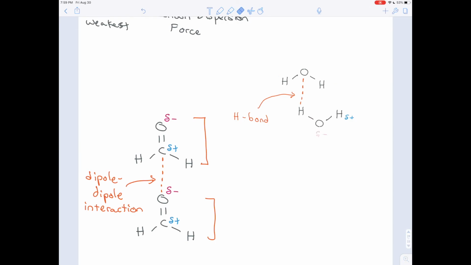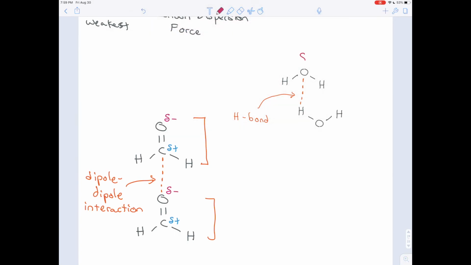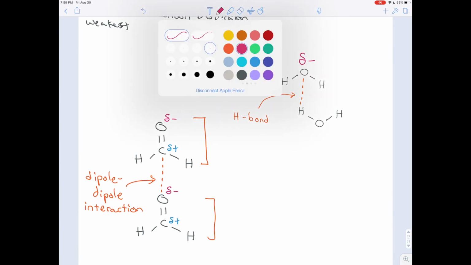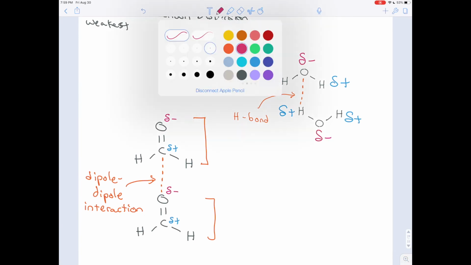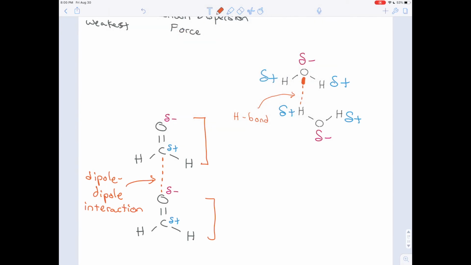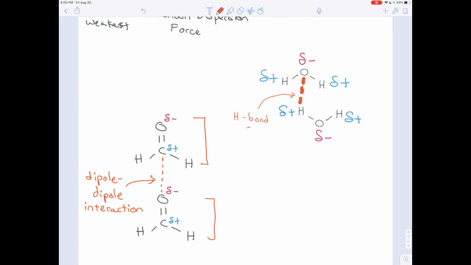They're almost full. So the oxygen is really slightly negative, and the hydrogens are really slightly positive. And so the attraction between these, because the charges are so large, is really big. In other words, the attraction is strong.